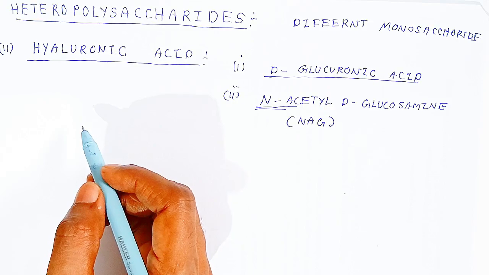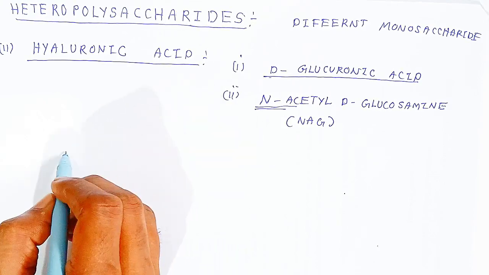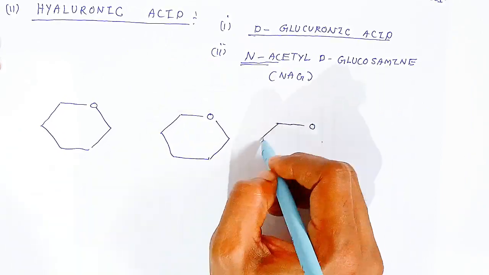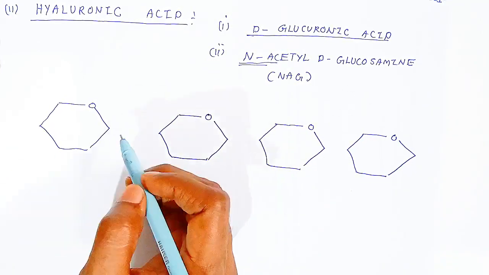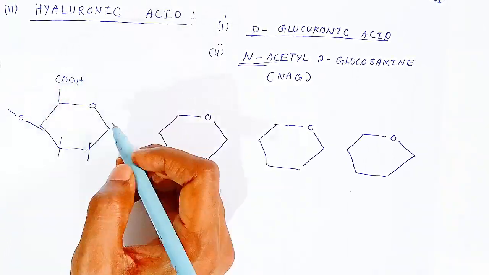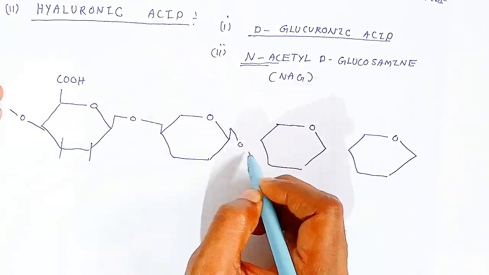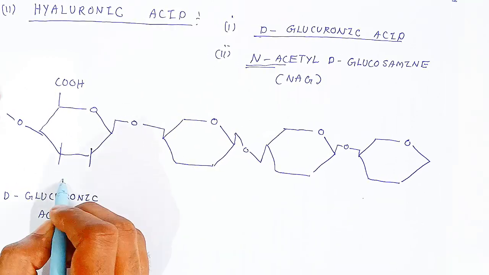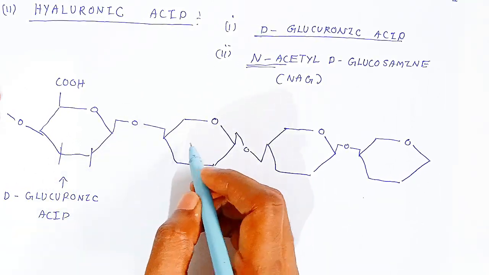Okay students, again, what happens, you have to draw the pyranose ring. Very simple, students, this is the pyranose ring. And with this we are going to draw the structure.